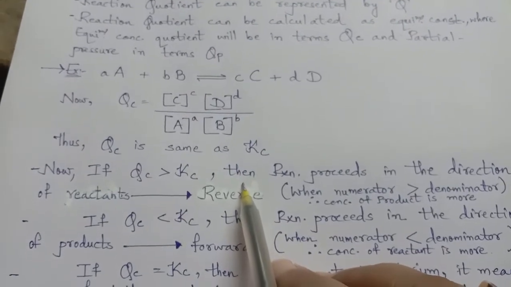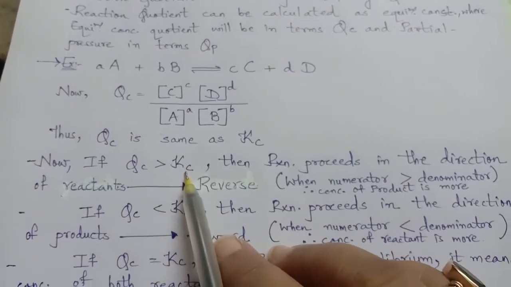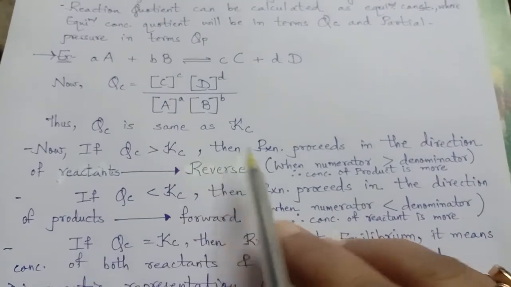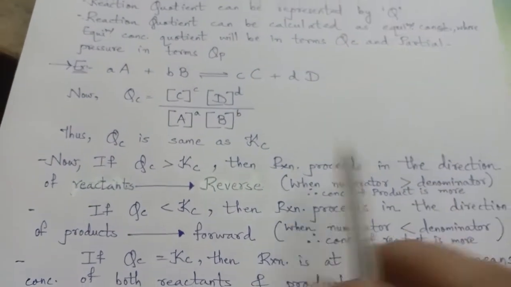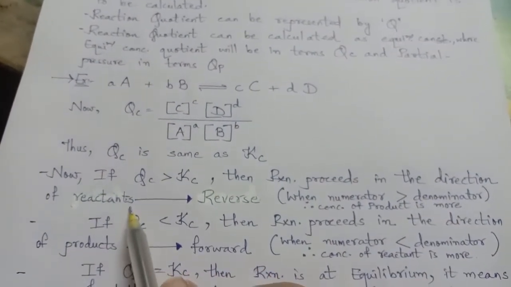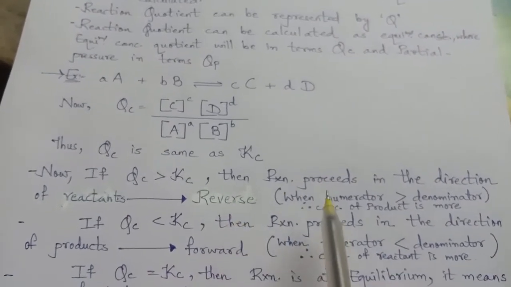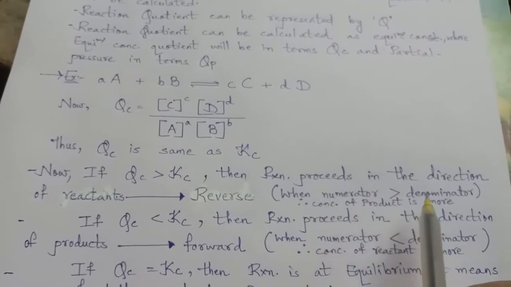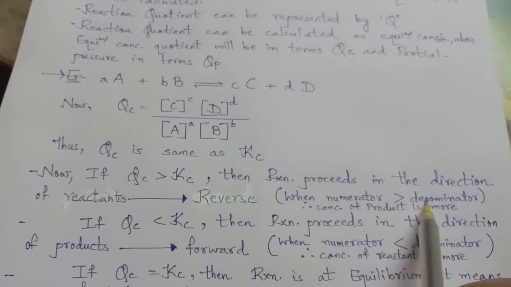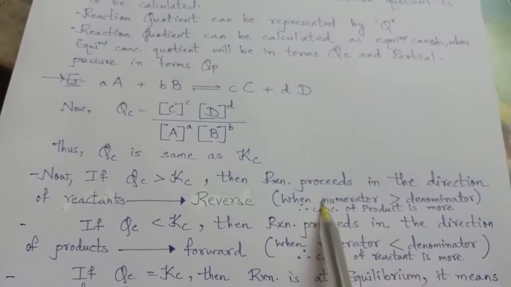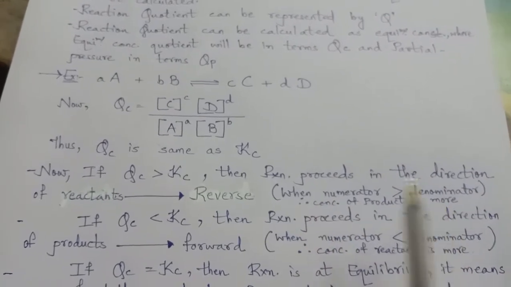On calculation, if Qc is greater than Kc, then the reaction proceeds in the direction of reactants, that is, the reverse reaction, where the numerator is greater than the denominator. It means the concentration of product is more.